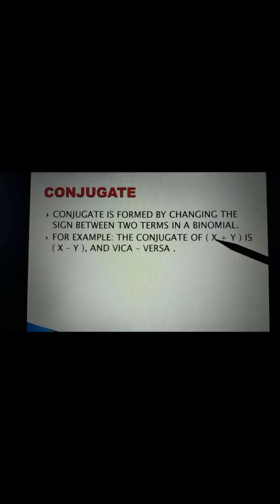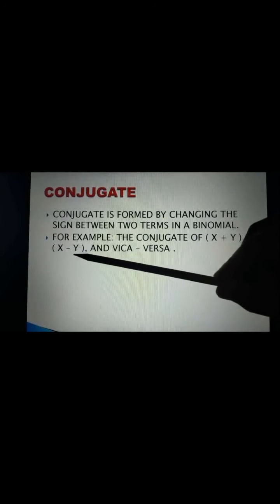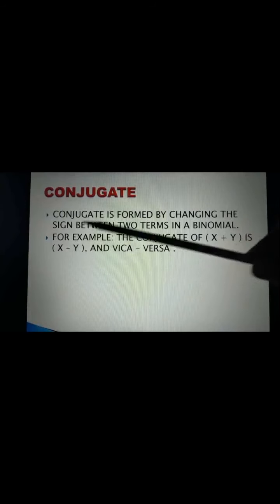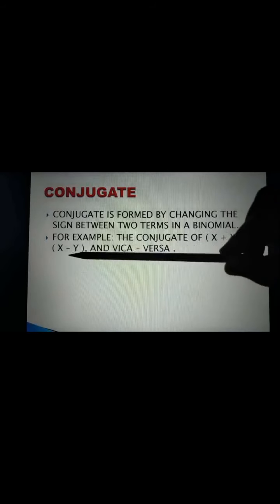So children, if we want to write the conjugate of x plus y, we only change the sign, that plus sign, into minus, like this, x minus y. This is the conjugate of x plus y, and x plus y is the conjugate of x minus y. Both of them are conjugates of one another.